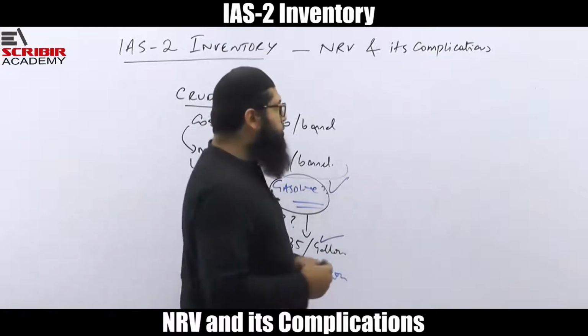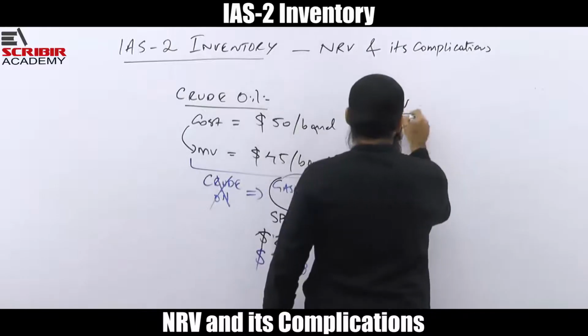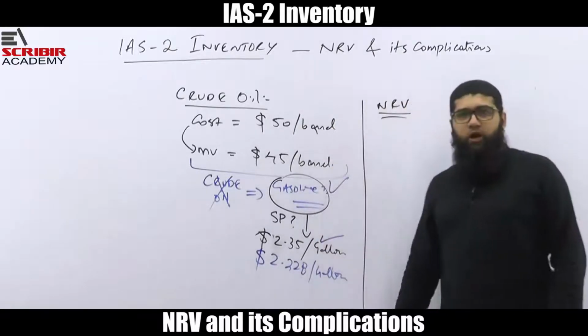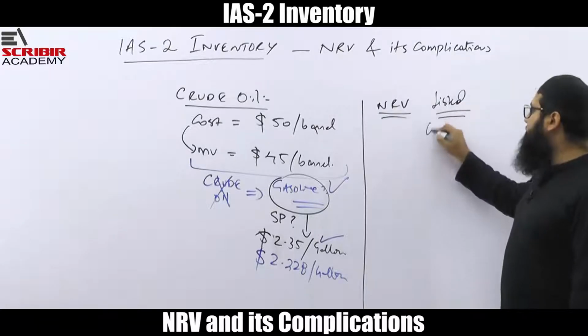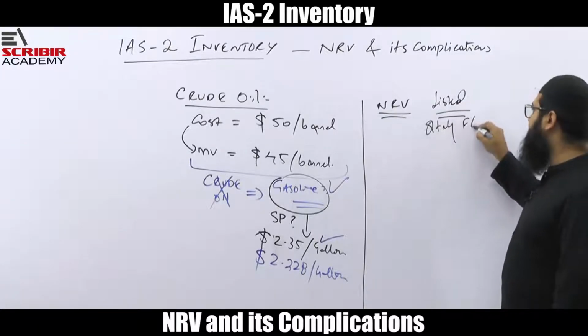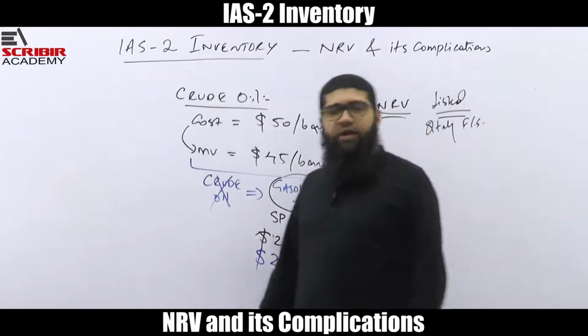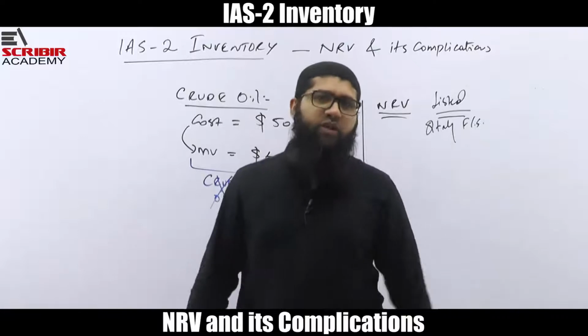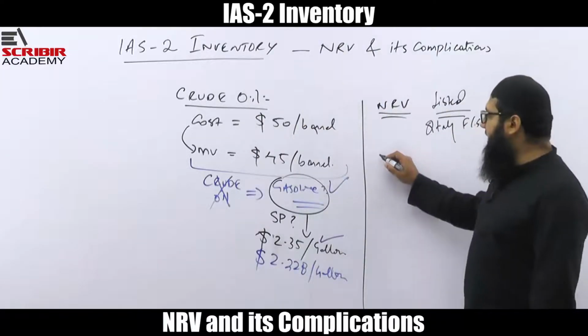Now let's move on to discuss another concept with respect to NRV. You do know that listed companies have to prepare quarterly financial statements. So every quarter they have to prepare a financial statement. Now, say a listed company, an oil marketing company, had an inventory.